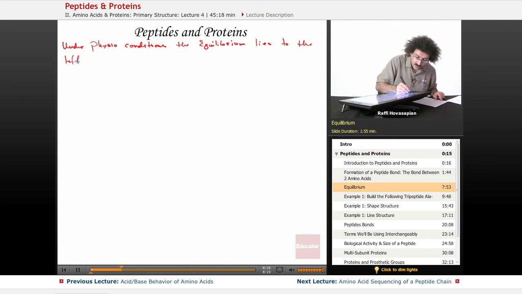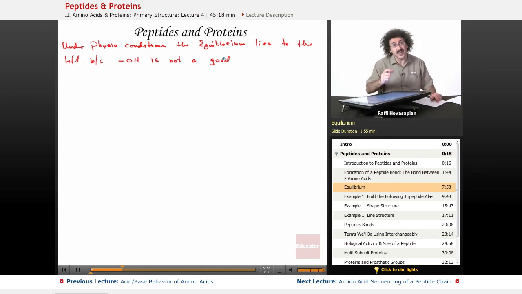In other words, it lies to the formation of free amino acids, not the peptide. And the reason that's so is because the hydroxy group is not a good leaving group. And you remember that from organic chemistry. Just a straight hydroxy is not exactly a good leaving group. It doesn't just go away to make the reaction move forward and form the peptide bond.